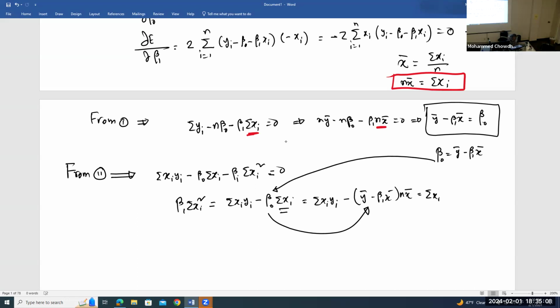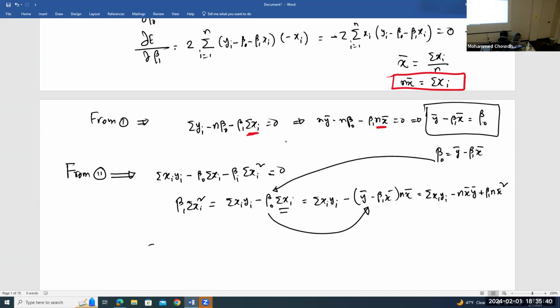Sum of xi yi and then n x bar y bar, and then plus I got here beta 1 n x bar square. N x bar y bar, this times that, equal to plus beta 1.